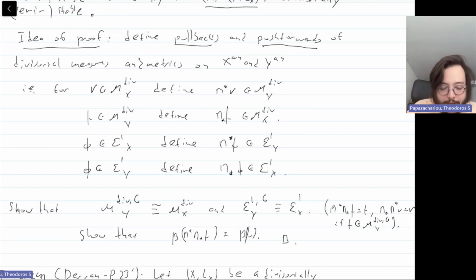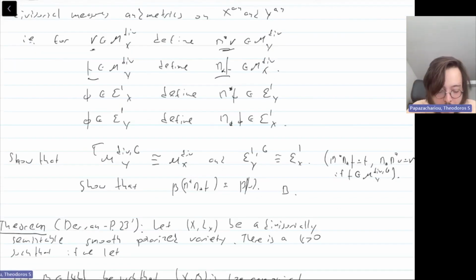If I have a divisorial measure ν on X, I want to define a pullback that takes it to a divisorial measure on Y, and vice versa. If I have a divisorial measure μ on Y, I want to define a push forward to divisorial measures on X.